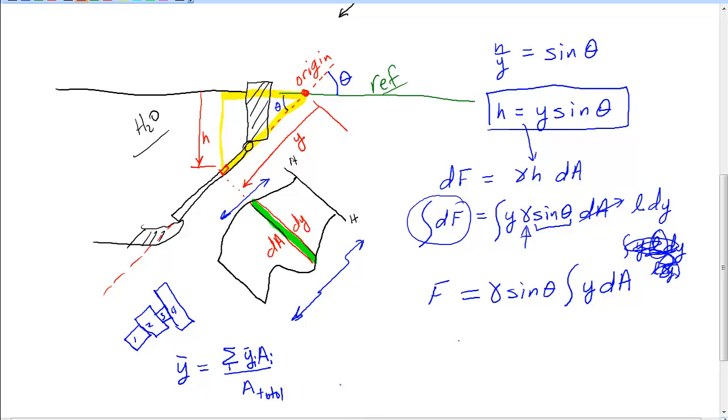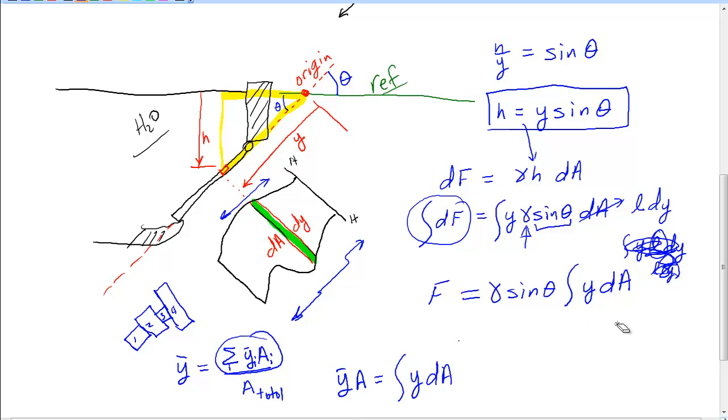So pretty soon what you notice is y bar times area total is equal to nothing more than an integration of y d area. And that's what happens here. You're essentially running up and down, summing a whole bunch of these green strips, and here's your sum over here.